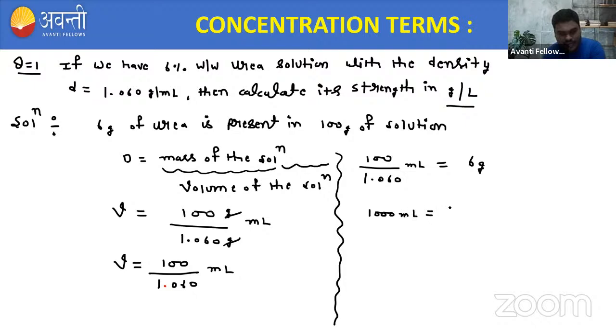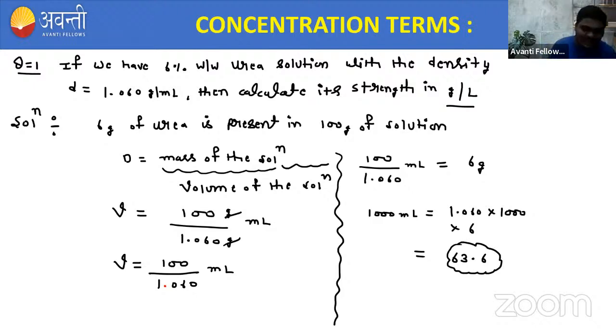So it comes out to be 1.060 into 1000 into 6, right? So it comes out to be 63.6. So this is the strength in gram per liter, that is 63.6. So we just have to calculate the gram per liter strength.